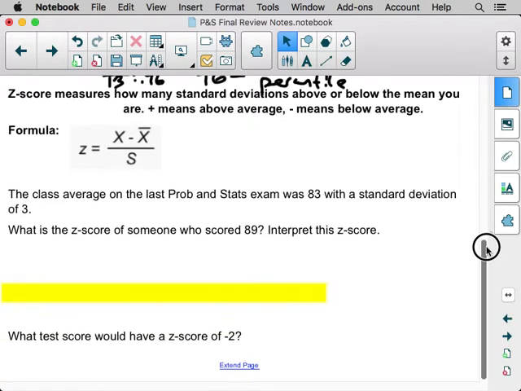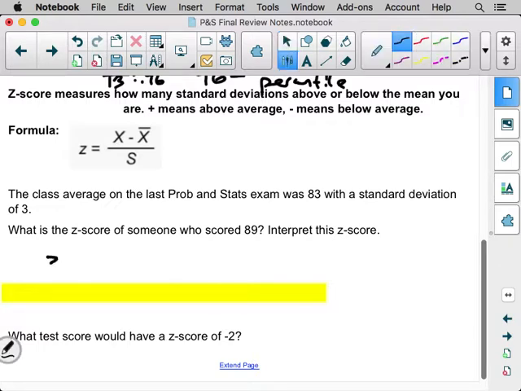So, as an example for that, here we have the class average on the last problem stats exam was 83 with a standard deviation of 3. What is the z-score of someone who scored an 89? Well, for a z-score, you take your observation, so take that 89, minus the mean, which is 83, divide by the standard deviation, which is 3.